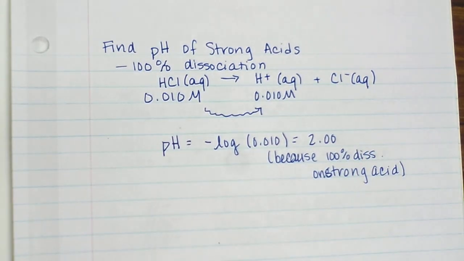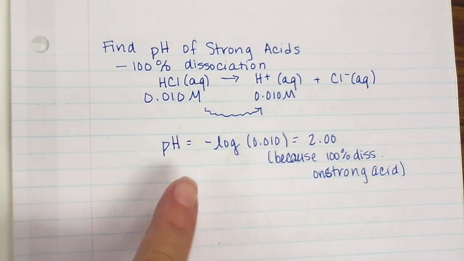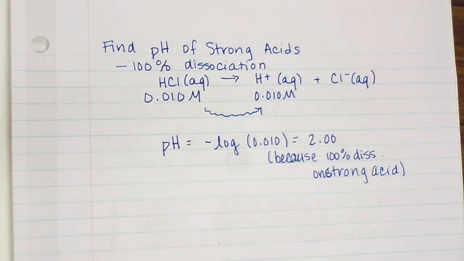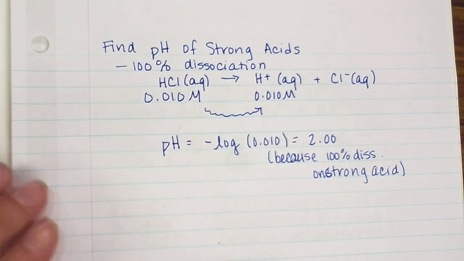So this is one of the reasons that knowing what is a strong acid and what is a weak acid is super important on that exam. Because this could take 2 seconds, but if you decided to do an ice table on it, it's 5 minutes that you don't need to take, right? Okay?